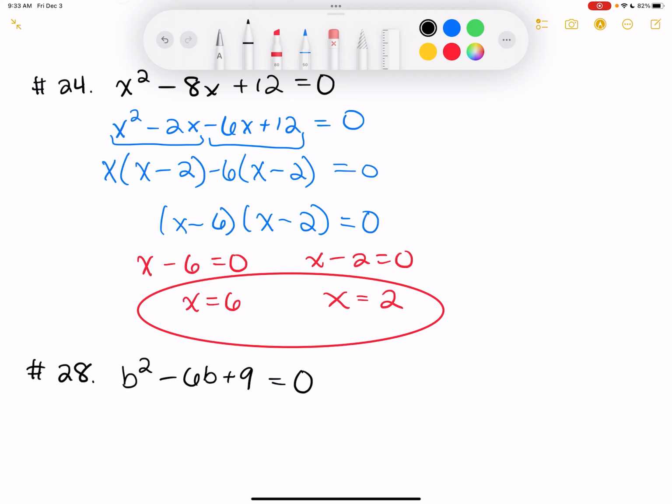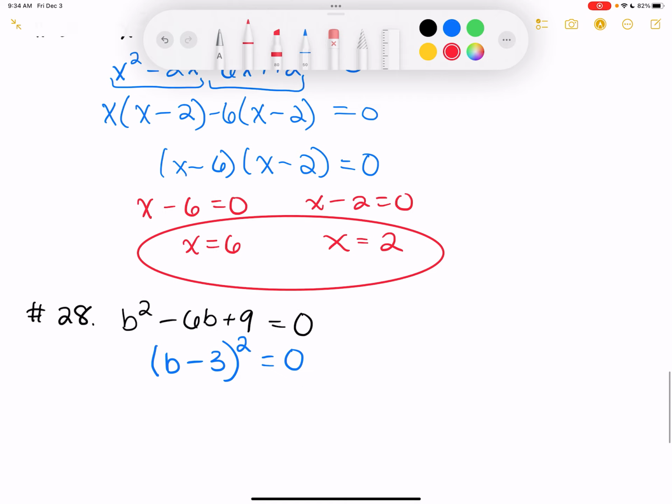Is it the trinomial thing? It's the perfect square trinomial, okay, because this is 3 squared and this is 2 times 1 times 3. So then that means that this factors into b minus 3 squared is equal to 0.